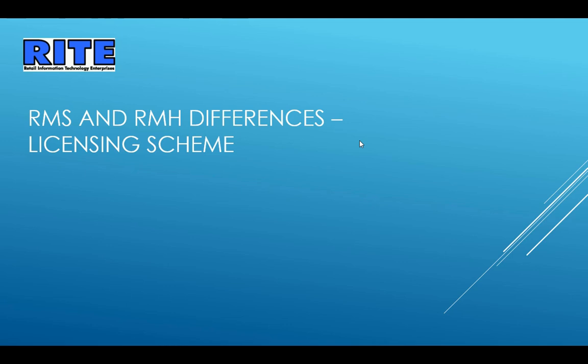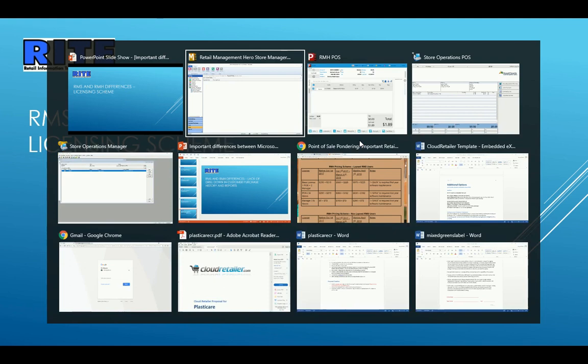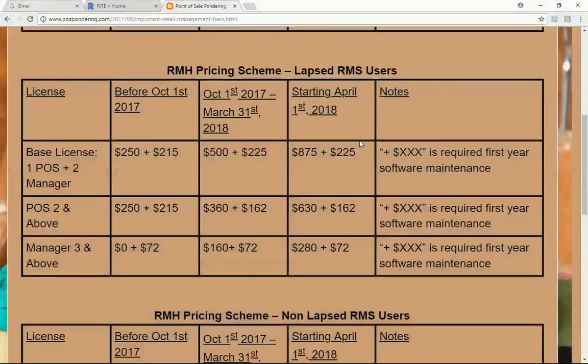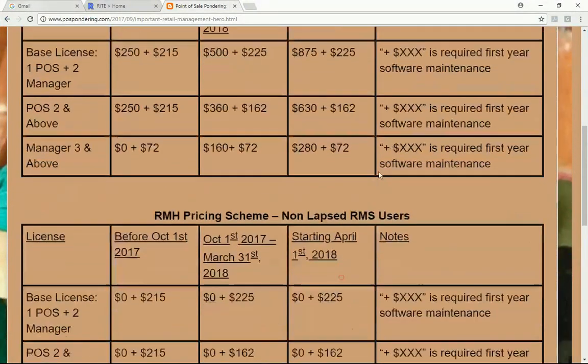Licensing scheme differences. So Microsoft RMS, we were used to buying a lane license and then installing the manager on as many computers as we wanted, depending on our capabilities with our computer equipment and network. It's a little different now when we go over to Retail Management Hero.